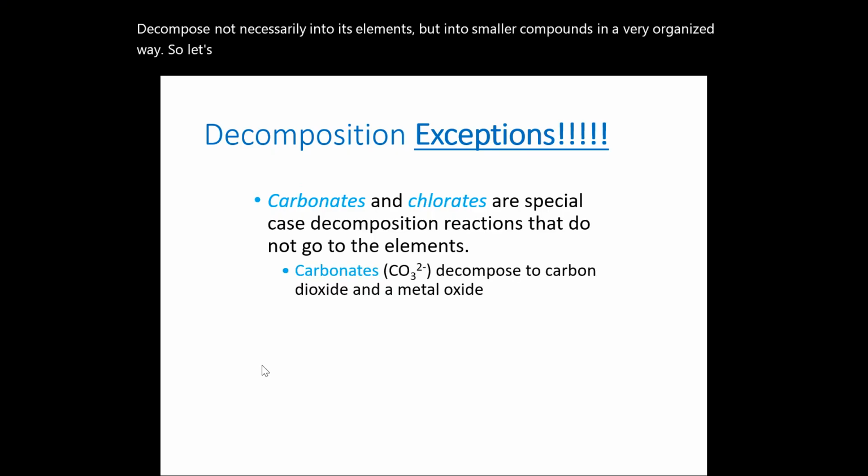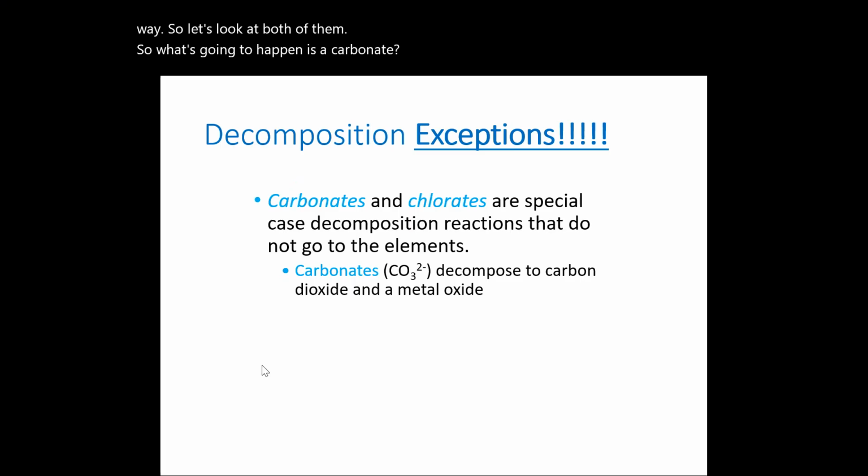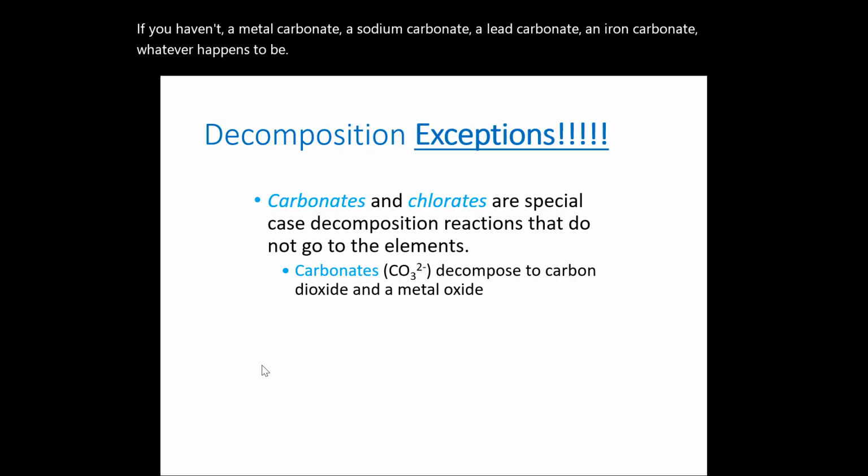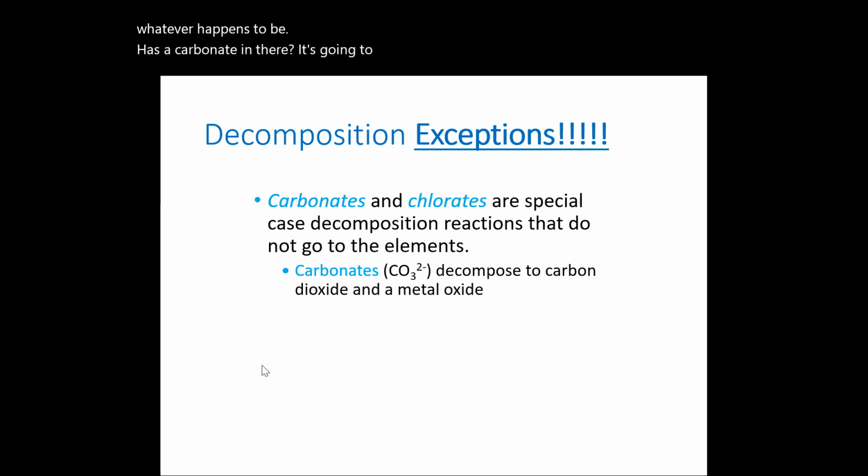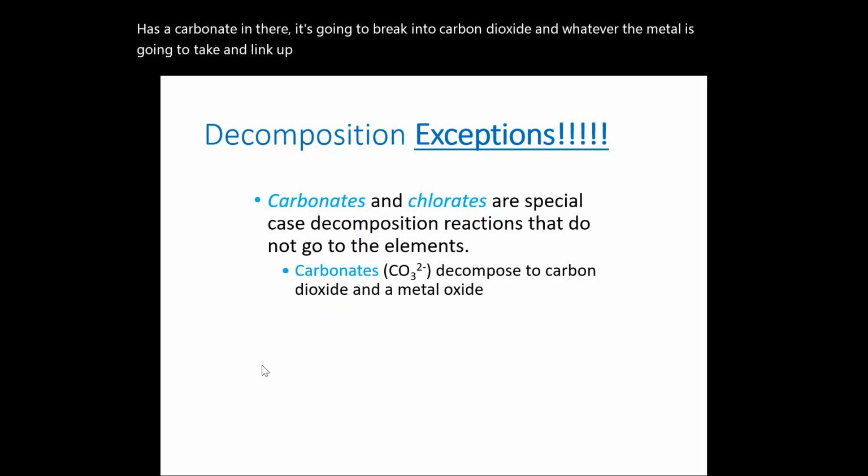So let's look at both of them. If you have a metal carbonate, a sodium carbonate, a lead carbonate, an iron carbonate, whatever it happens to be, it's going to break into carbon dioxide, and the metal is going to link up with the oxygen.